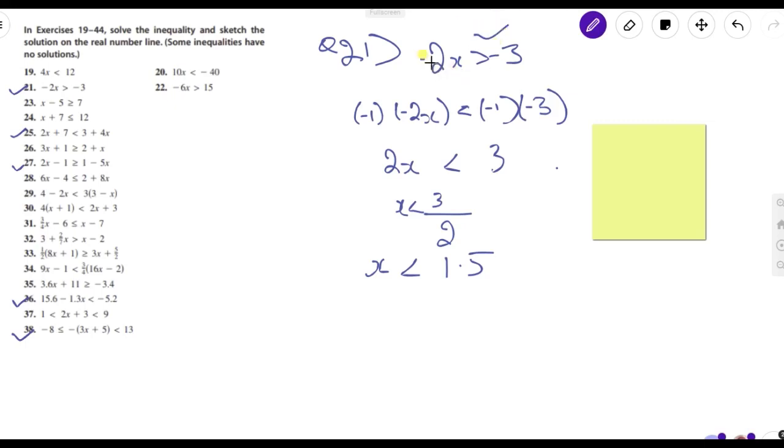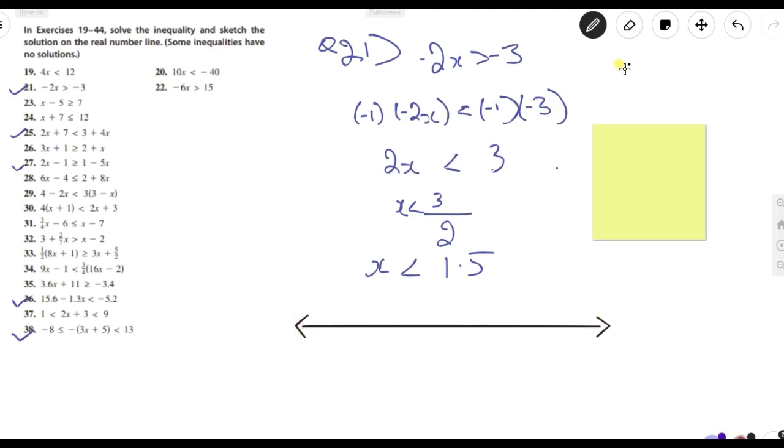Now we are going to represent our answer on a number line. So how do you draw a number line? That's a number line, and you can see here that 1.5 is not included. You simply have the less than option, so you put a hollow circle on 1.5.